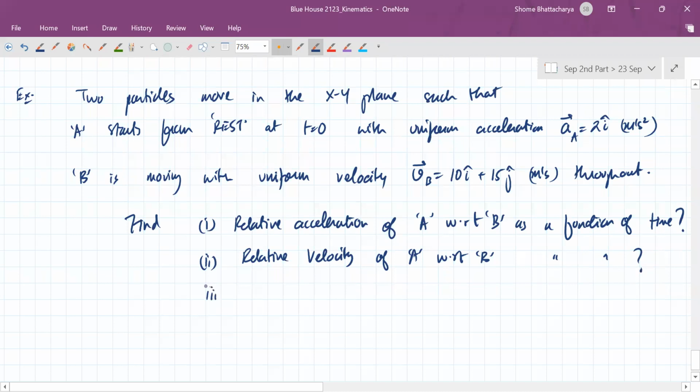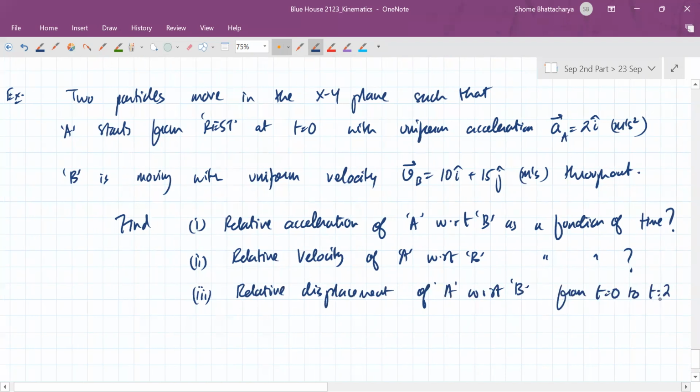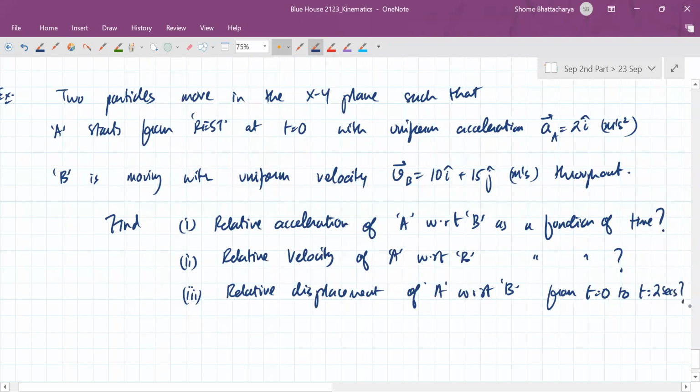And 3, the relative displacement of A with respect to B from t equal to 0 to t equal to 2 seconds. In 2 seconds of motion, what is the relative displacement between the two particles?